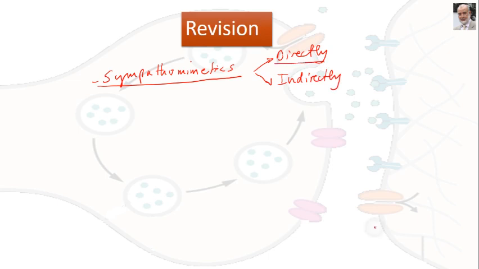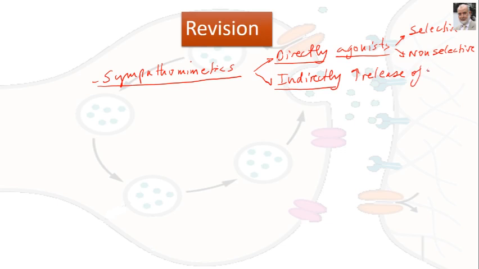Directly acting sympathomimetics act as agonists on adrenergic receptors. They are either selective or non-selective. By selective we mean they act on one adrenergic receptor, and by non-selective we mean that they act on more than one adrenergic receptor. Indirectly acting sympathomimetics, on the other hand, act by increasing release of noradrenaline from the adrenergic nerve terminal.